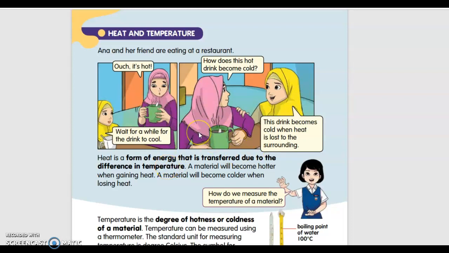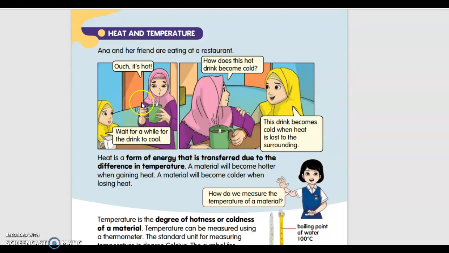Where is the difference of the temperature that we can see? Of course, this mug, the drink is hot and the outside surrounding is cold. So there's a difference in temperature. Here the temperature is high, whereas outside the temperature is lesser.